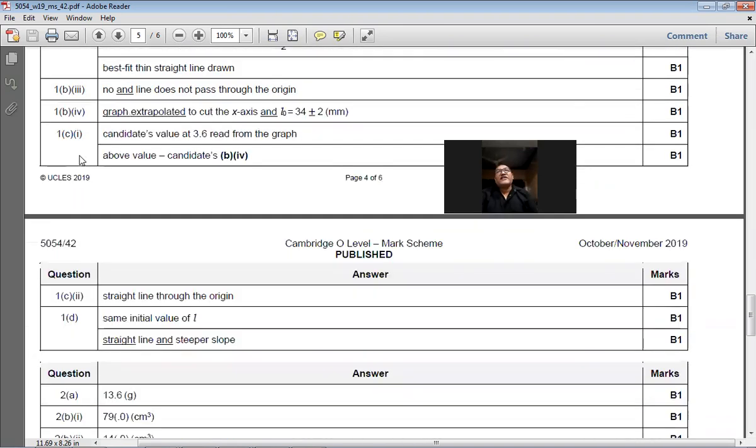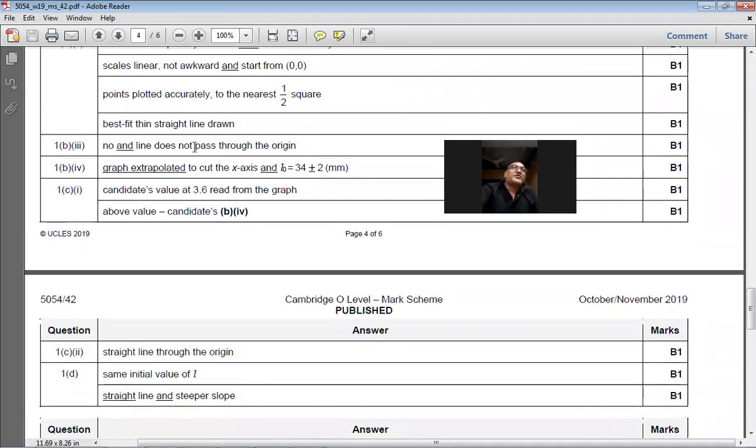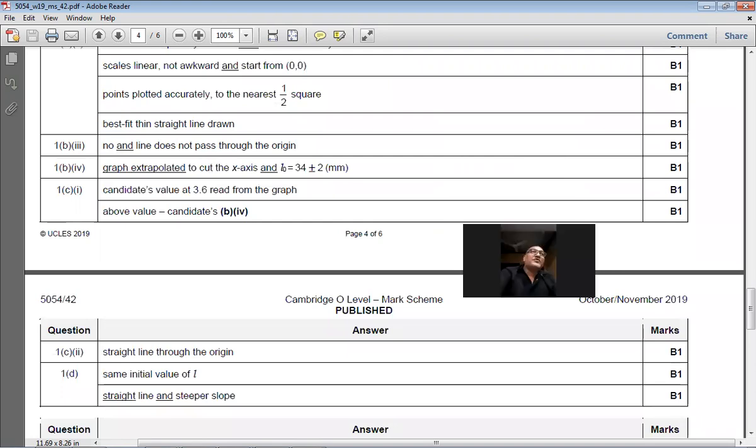Okay, so I'm moving to next. These are the rest of the question. It's very important to check the marking scheme. And remember, it's very important.